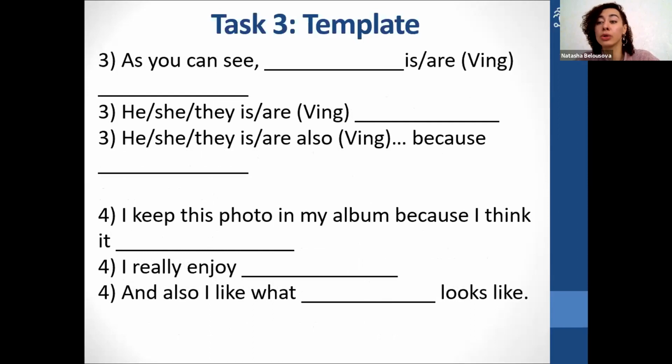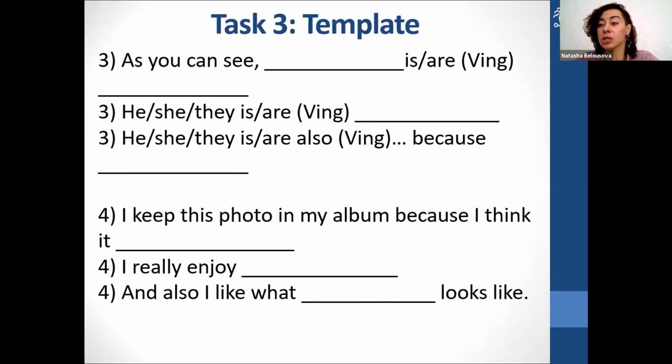So again, it could be a nice introductory phrase, something like, as you can see, they are smiling at the camera, posing to the photographer, playing snowballs, whatever. And then again, short sentences, subject, verb, action, and 2 or 3 points here. Number 4, I keep this photo in my album because I think it, again, and then they say whatever.